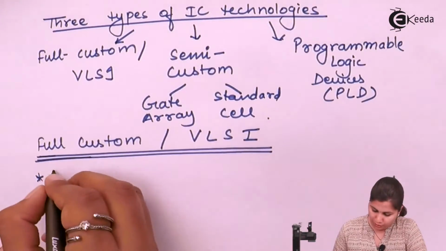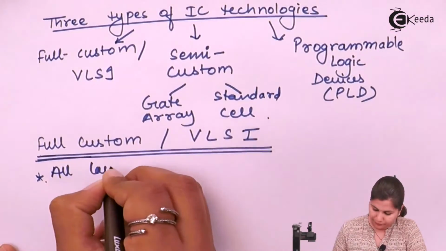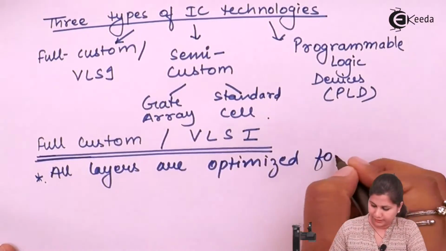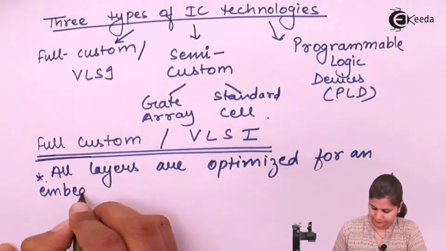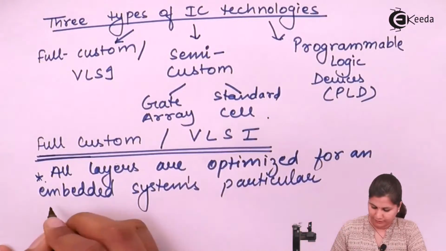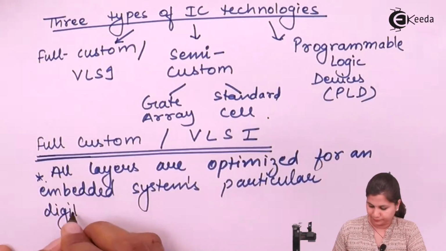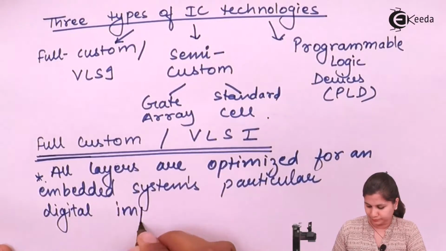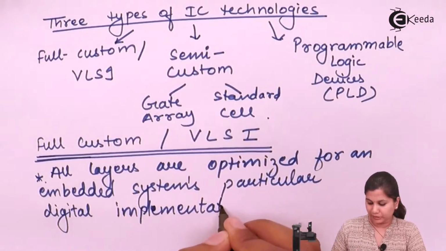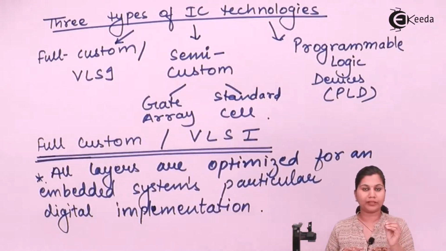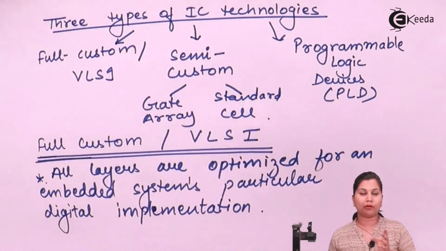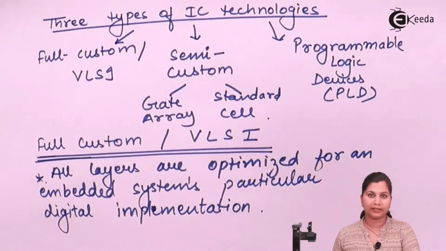So all layers are optimized for the digital implementation. In the full custom technology, the components to be present on each layer and the function they are to perform are all already decided.